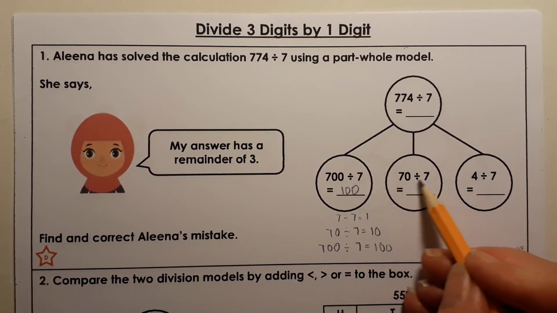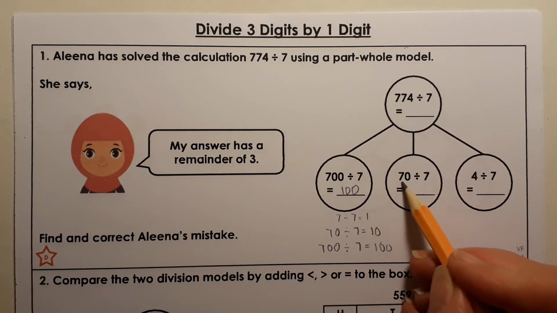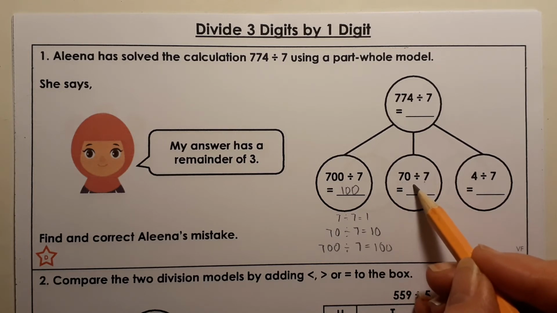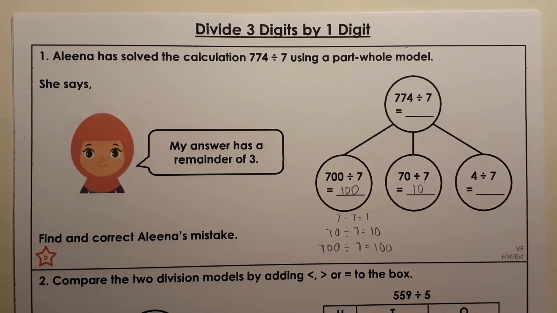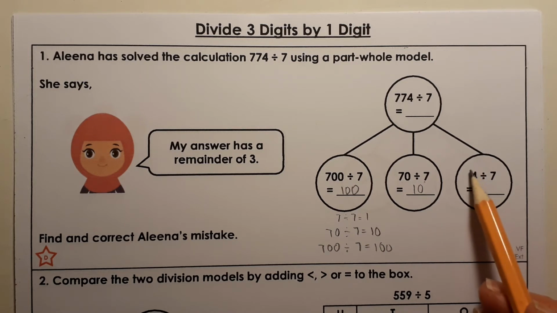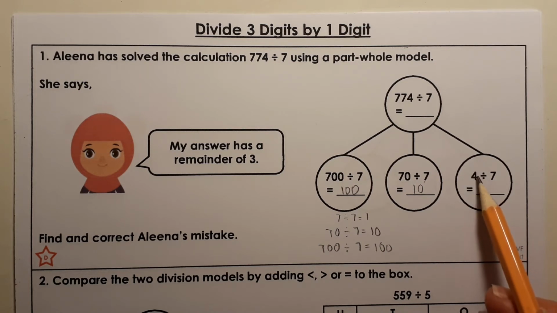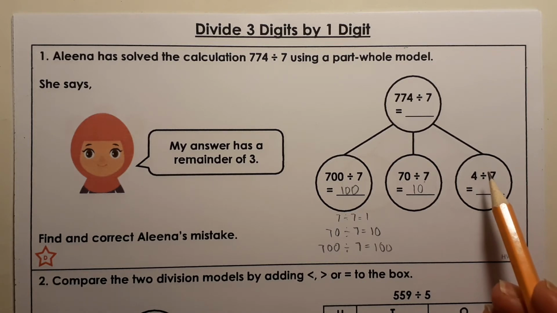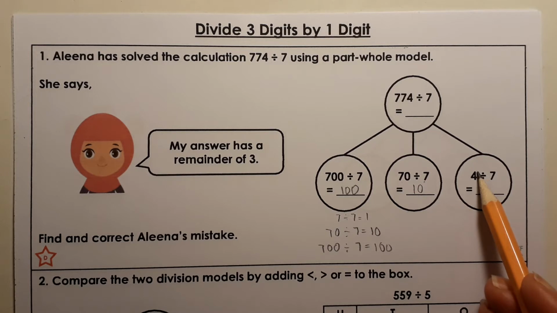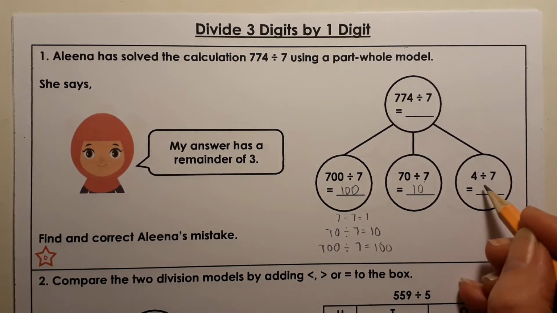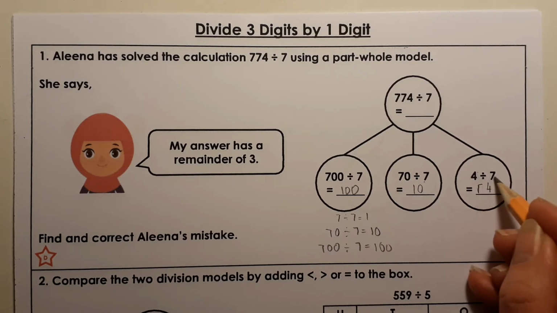There we can also see it's just a coincidence that we've got 70 divided by 7, and we know that is 10. And then we've got 4 divided by 7. Well, we can't make another group of 7 if we only have 4. So 4 must become our remainder. Here you might want to put remainder 4, because you cannot make another group of 7.